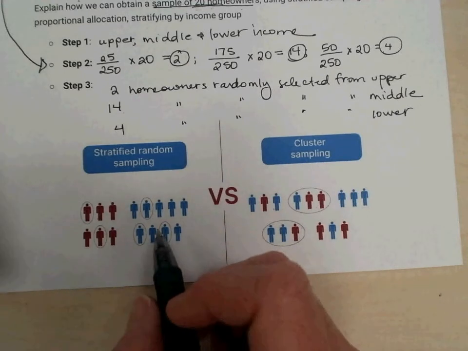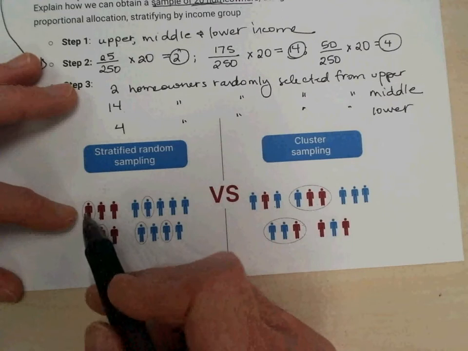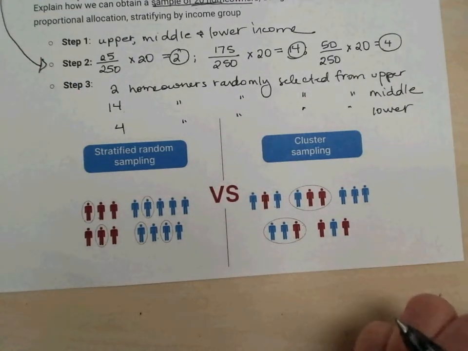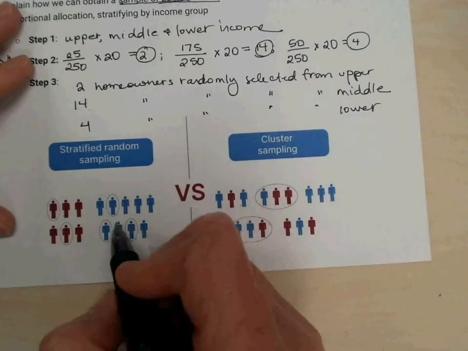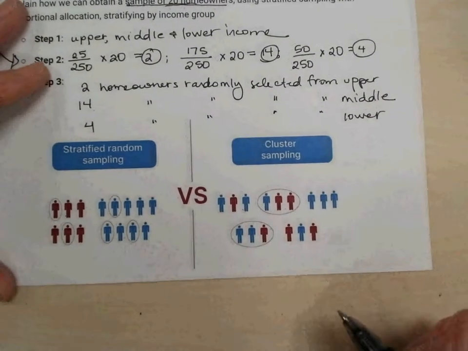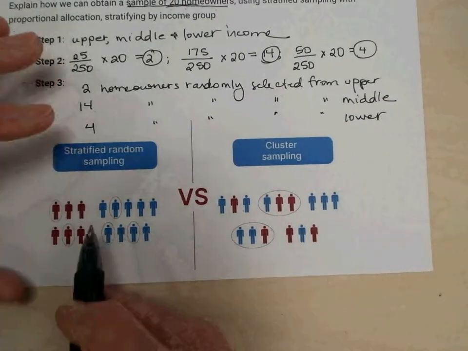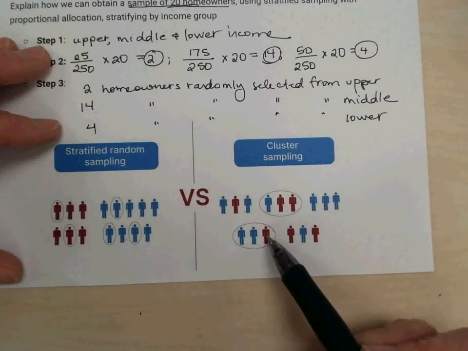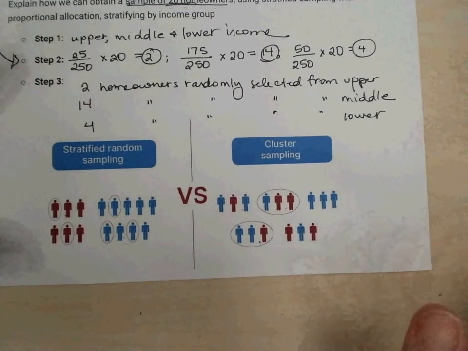And within each stratum, singular, we are selecting members, okay, proportionally. And then that's not quite representative. This picture's a little off because we're selecting 2 here, but you get the idea. We're selecting some from each group. And then with cluster sampling, you're selecting some groups and sampling all.